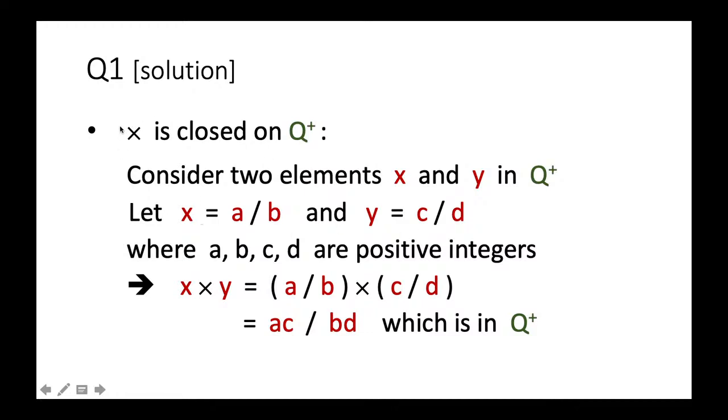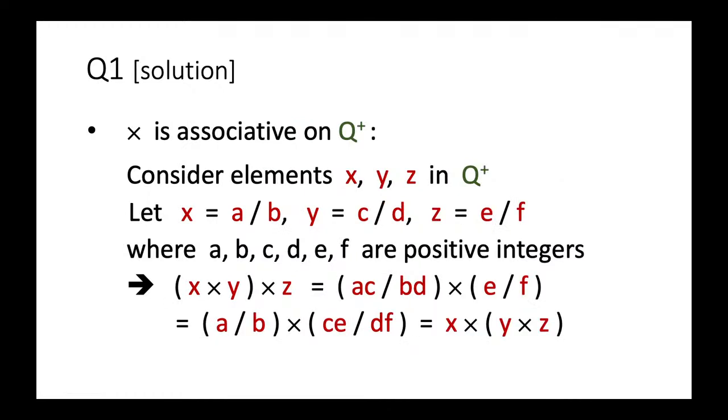Now when we apply this multiplication on x, y, x times y is equal to a over b times c over d, from the multiplication of rational numbers. We will see that it is ac divided by the product bd. This is an integer, this is an integer, this is positive, this is positive. So this is also in Q plus. In that case, we have shown that multiplication is a closed operation.